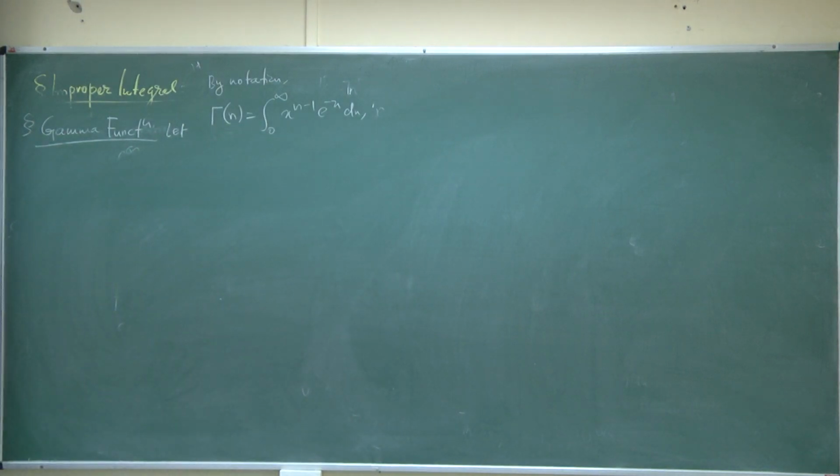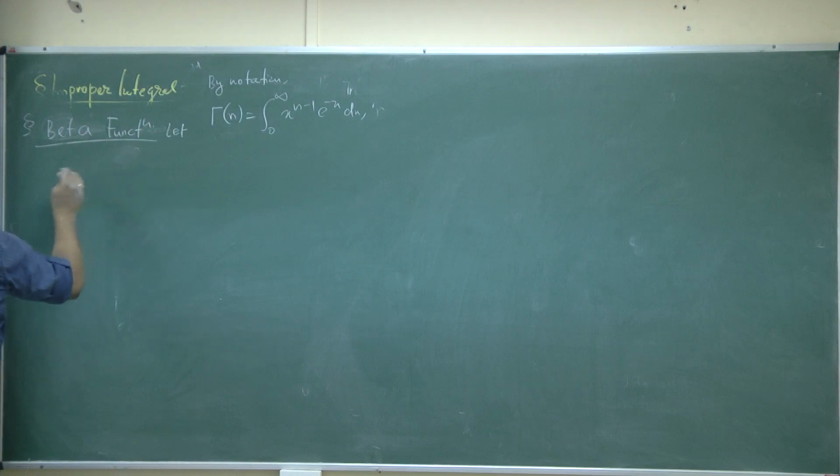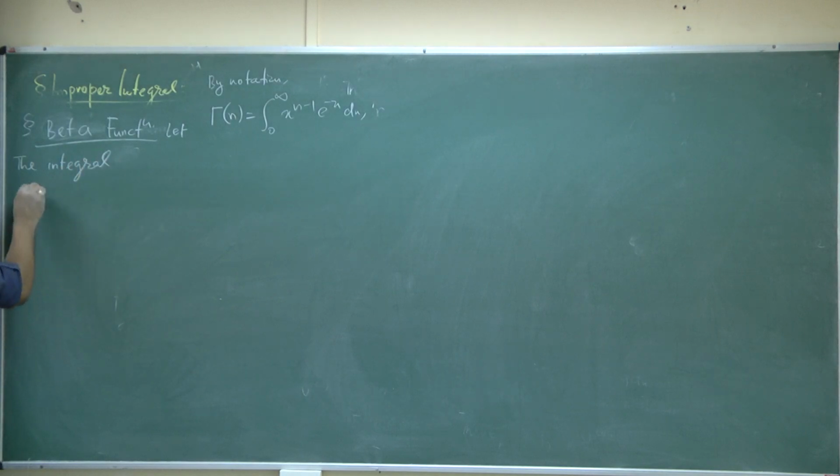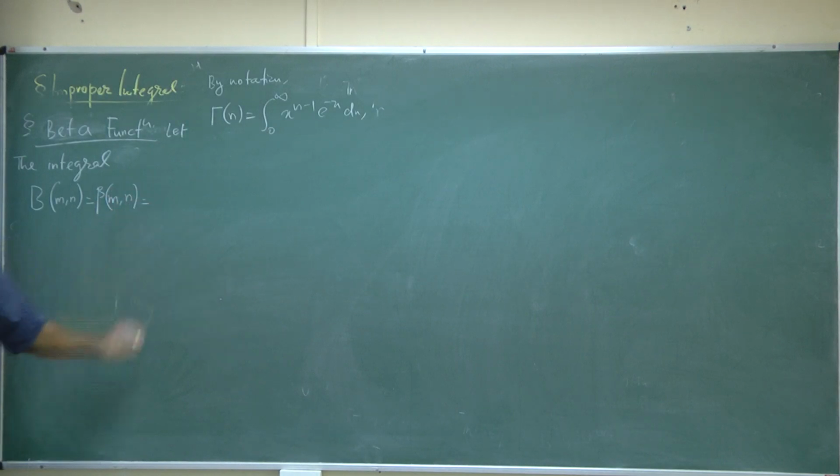Another type of improper integral is the beta function, and it is denoted by the integral. Some people write capital B m comma n, some people prefer to write beta m comma n. It is up to you.